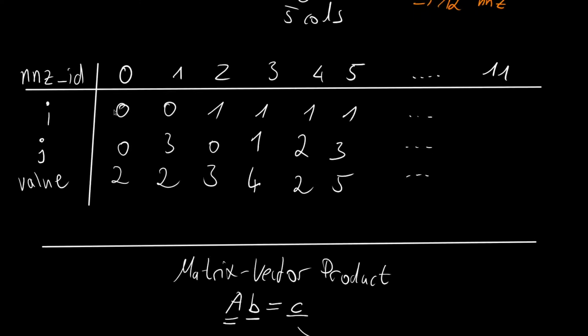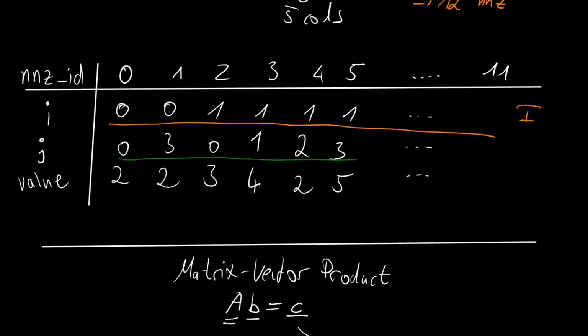Let's call this array the I array. Then let's call this the capital J array, and let's call this the capital W array.